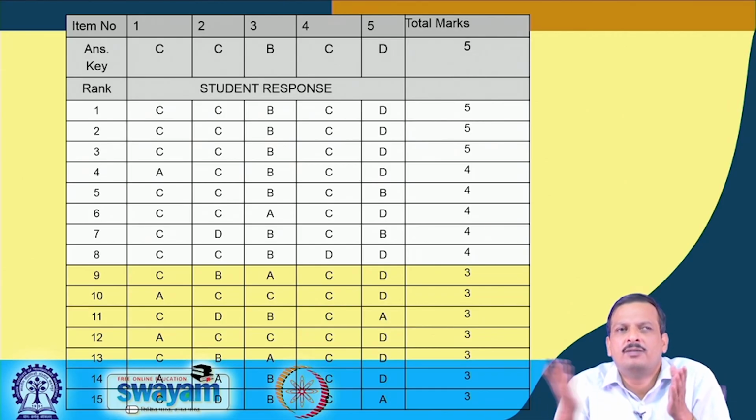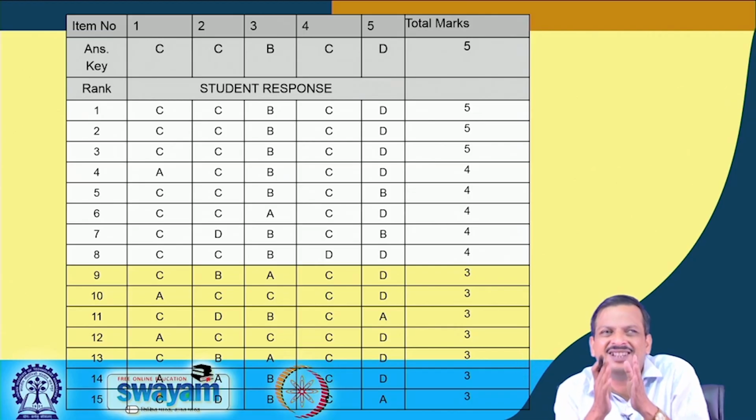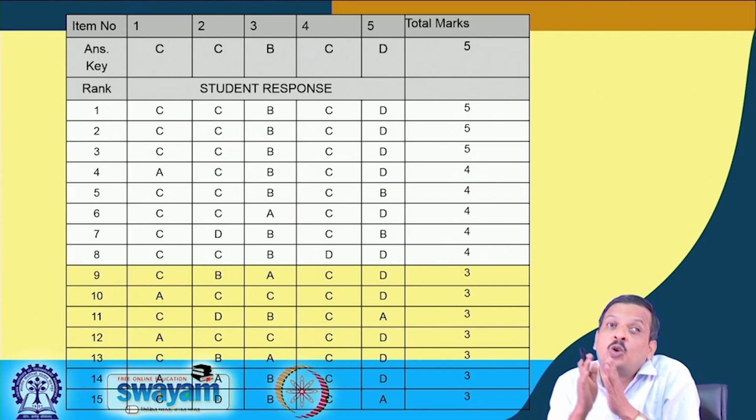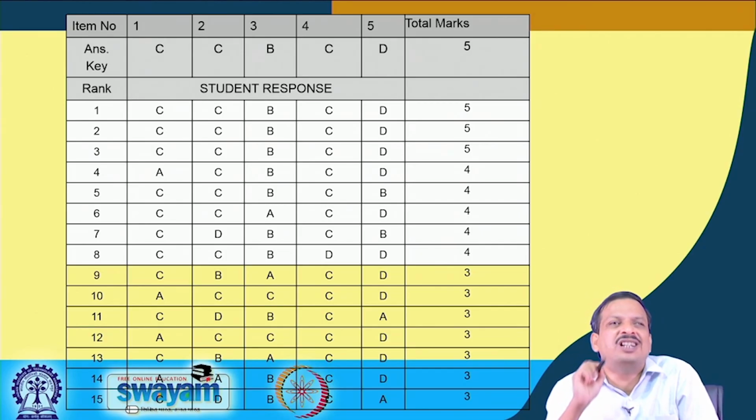Then what is the capability of the distractor? I have not yet said what a distractor is. So, multiple choice questions, what should the choices be? Designing an MCQ is not that easy.